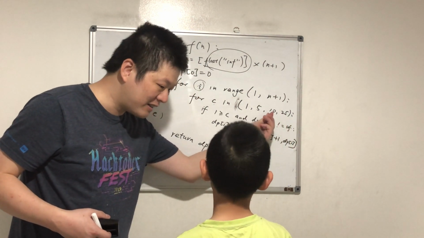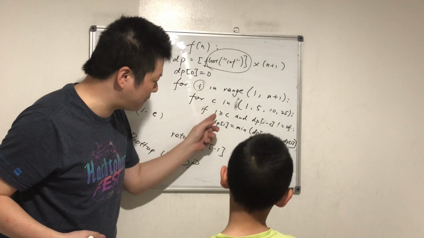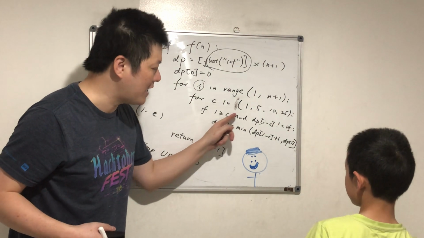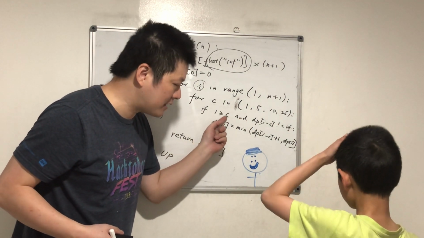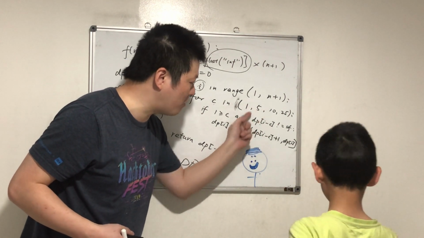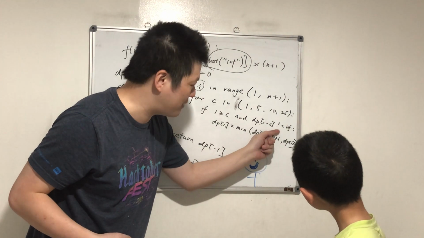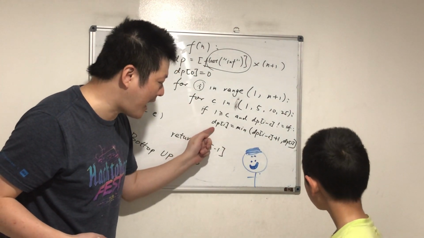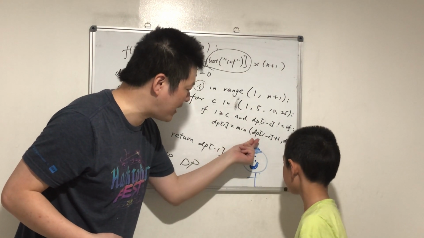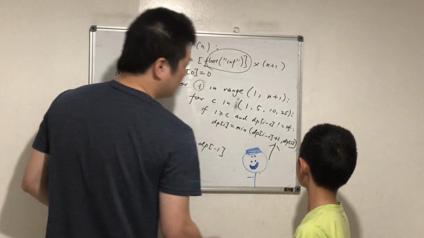If the total amount is bigger than the coin, and if I subtract the coin, if we already know the number of coins to make up i minus c, then dp[i] is equal to the minimum of this value, dp[i minus c] plus 1. Can you tell me why we plus 1 here?